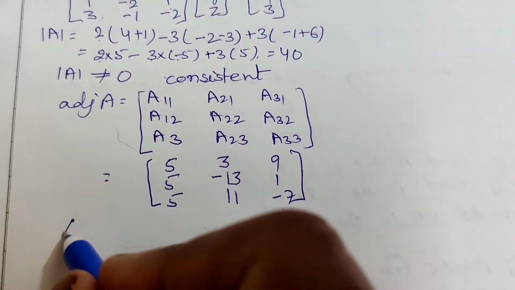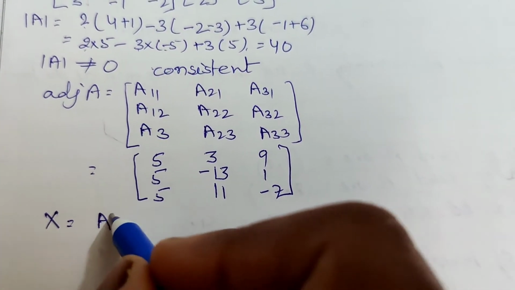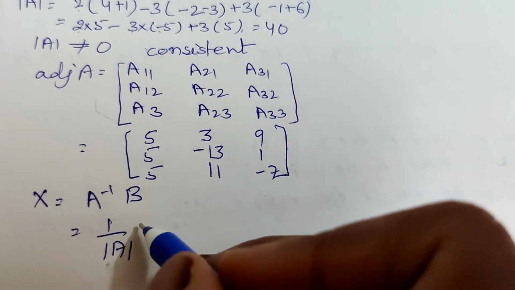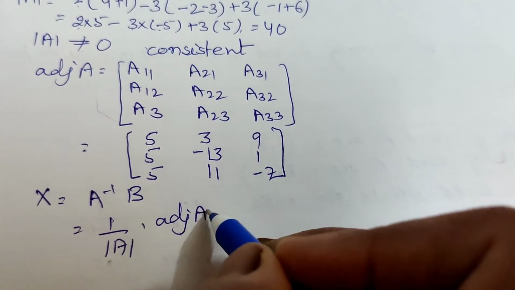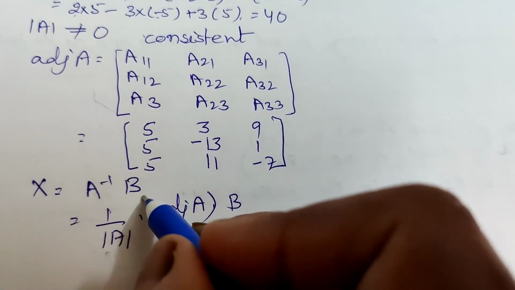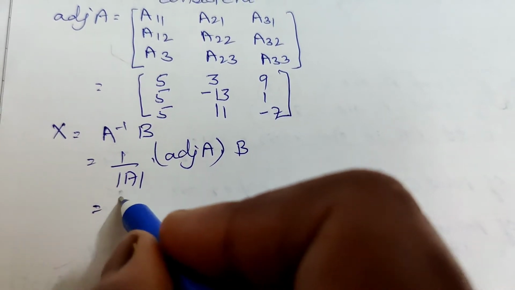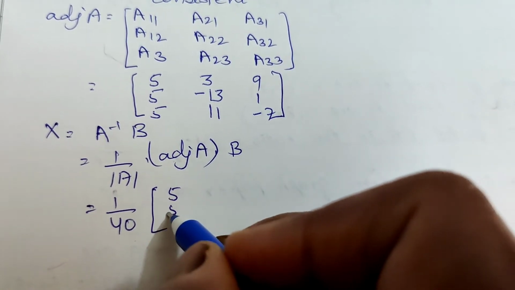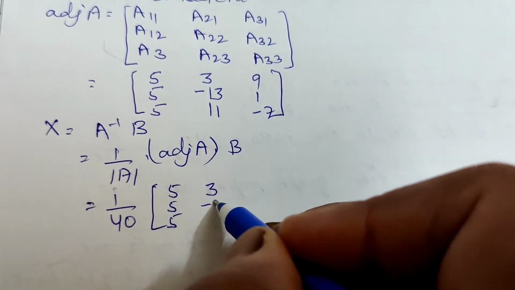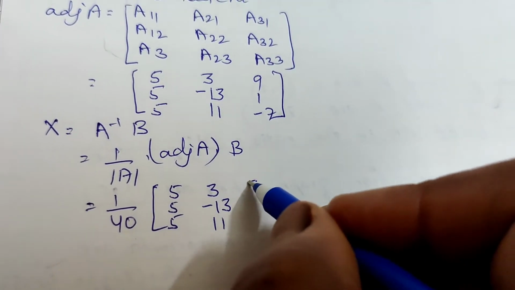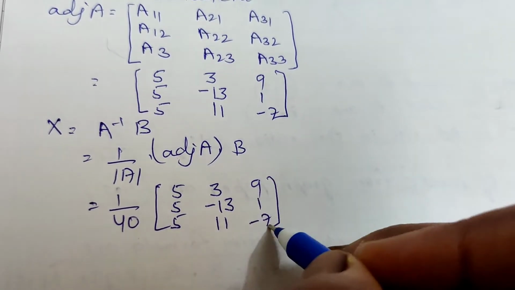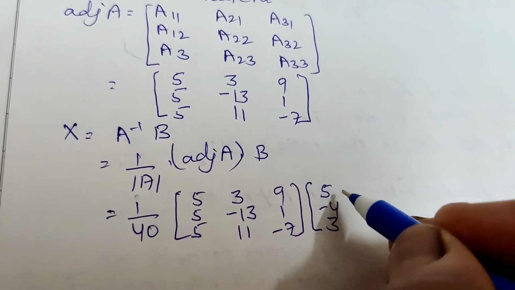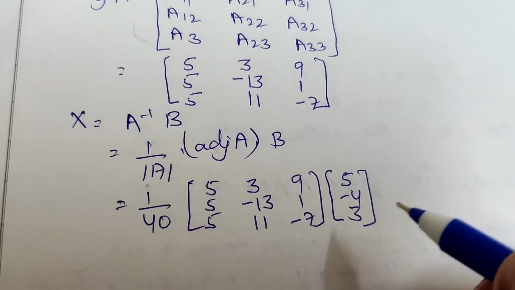Now X equal to A inverse into B. A inverse is 1 by determinant of A, adjoint of A into B. Okay, it means 1 by 40, adjoint of A is 5, 5, 5, 3, minus 13, 11, 9, 1, minus 7 and B is 5, minus 4, 3.